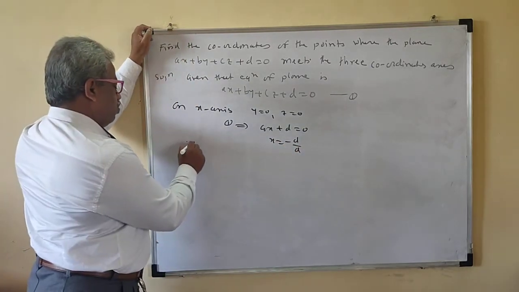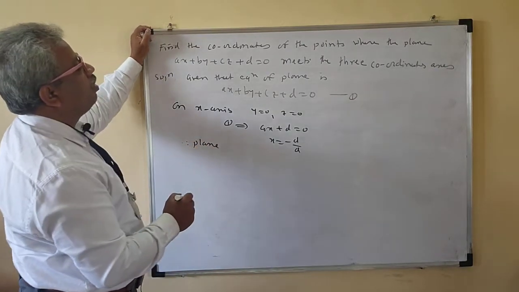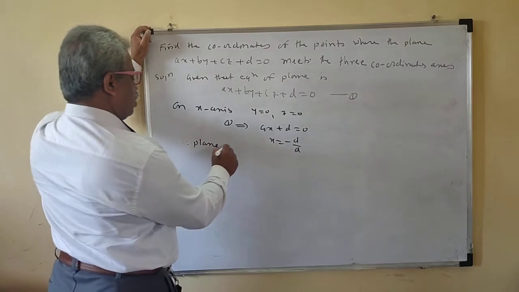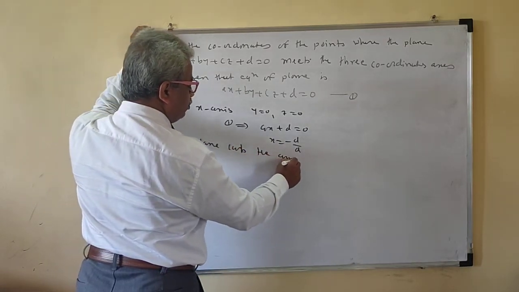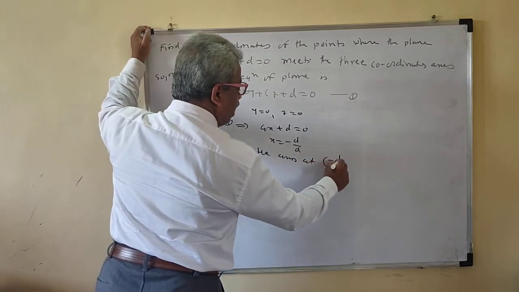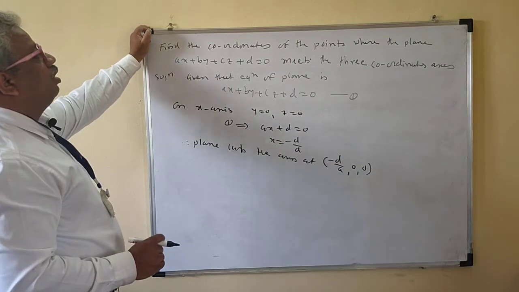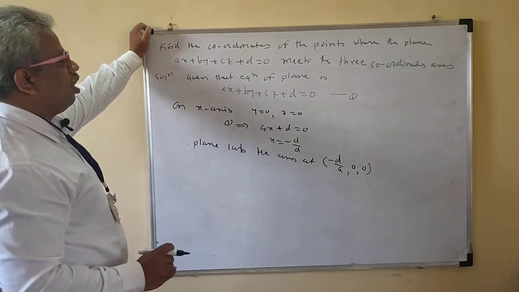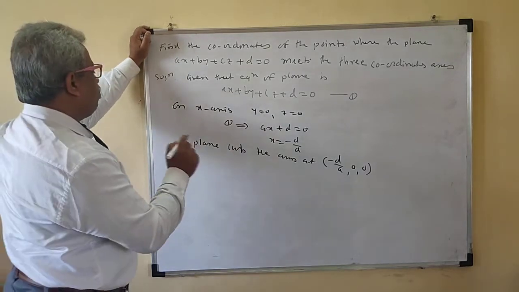So therefore the plane cuts the x-axis at minus d upon a, 0, 0, which is the point of intersection of the x-axis and the plane. Okay, you may write it.